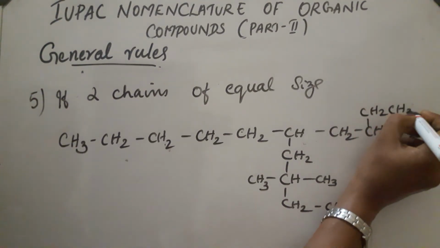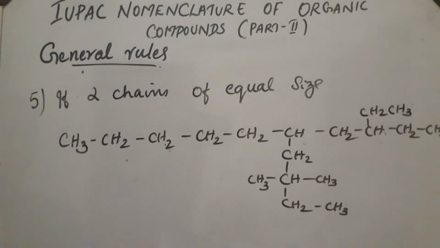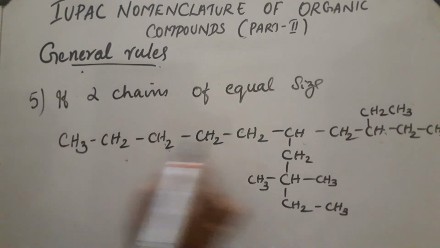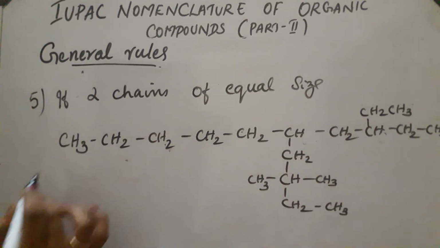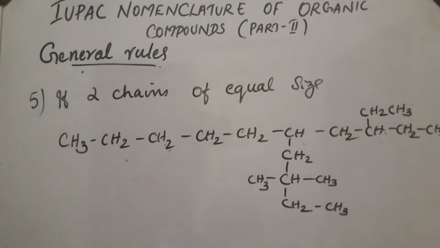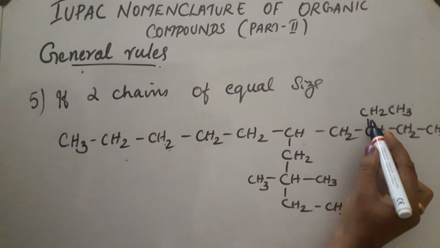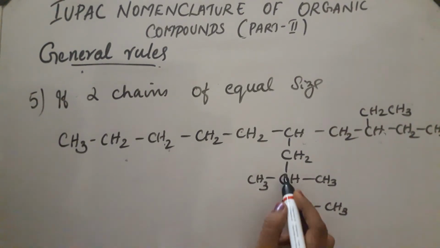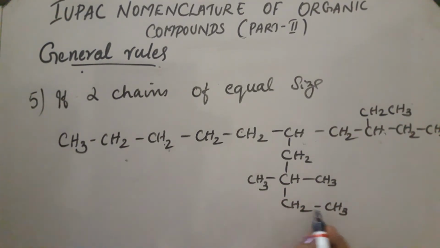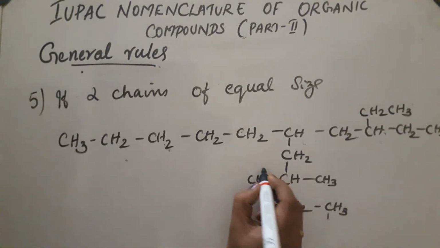What will happen? We know that we can number from both. From here the numbering is 10 and here also the numbering is 10. So in such a case, we have to consider the chain containing more side chains. In this case, we can see that in the third position there is only one side chain, but in the other we can see that there are two side chains. So we have to number from here.